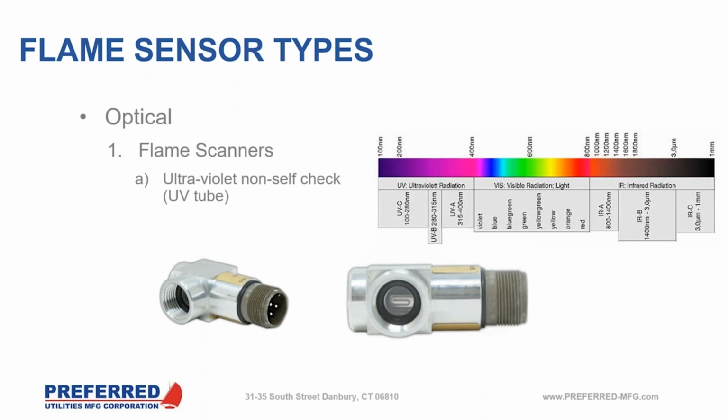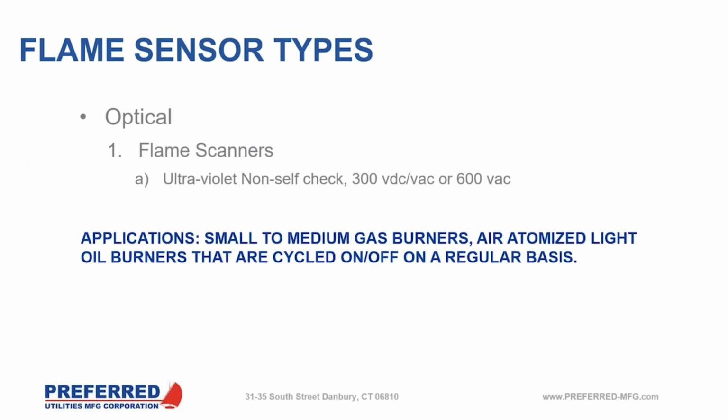So they're down in this deep UV as a rule, in that basically 200 nanometer range, which is really great because it's not going to respond to visible light. With that 300 volts DC or AC or 600 volt AC, depending on what the designer decided to do, if we get enough UV radiation in there, it's going to conduct. In other words, short between those two inside the tube. So what it will do is load that circuit.